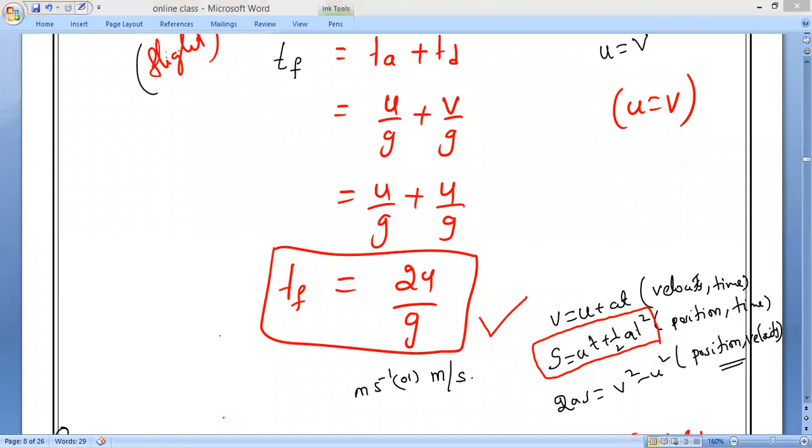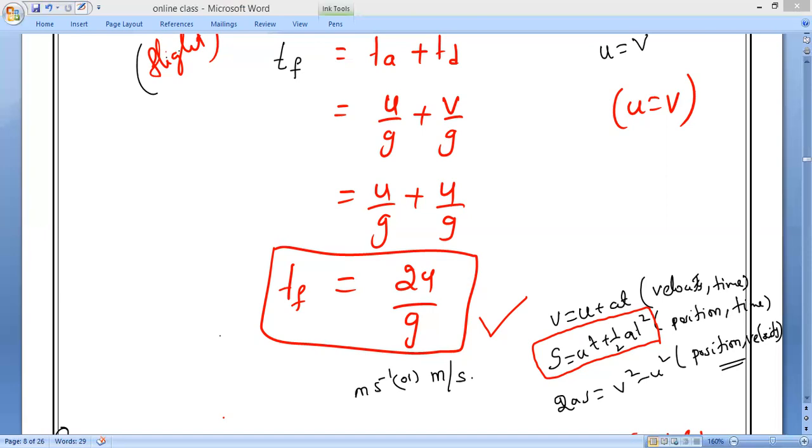Now, all of you open your notebook and check. When the ball is thrown upwards, what is the equation? We already studied it. Equations of motion for a ball thrown vertically upwards. 4 formulas I taught you. V is equal to U minus GT. H is equal to UT minus half GT square. V square minus U square is equal to minus 2GH.